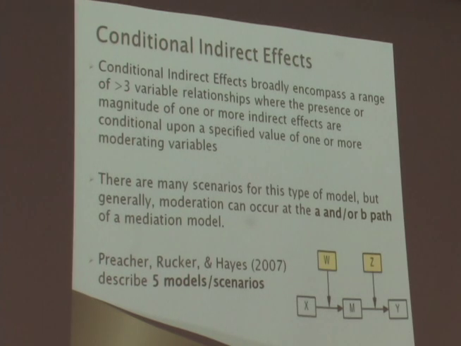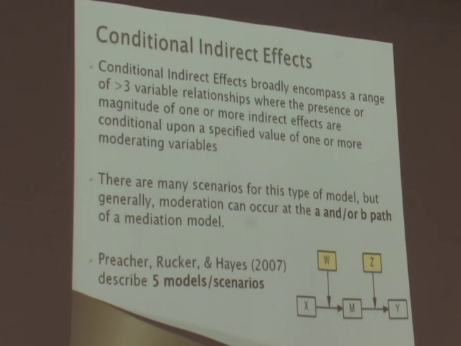So Preacher, Rucker, and Hayes wrote a paper that tried to pull it all together and clearly define what these things are and what the different scenarios are for testing these types of models. Broadly speaking, these are conditional indirect effects, right? Indirect effects that are conditional upon some level of a fourth variable.